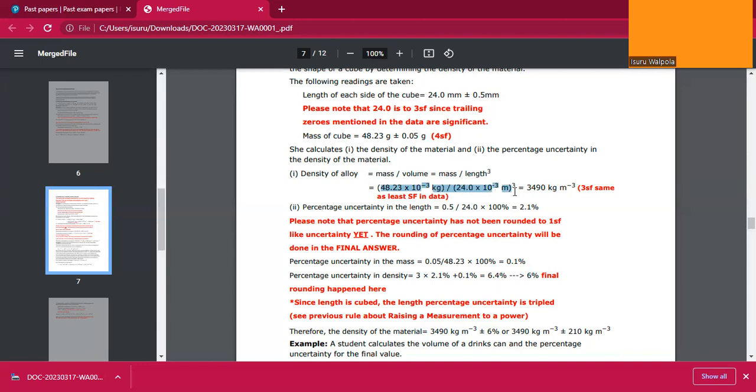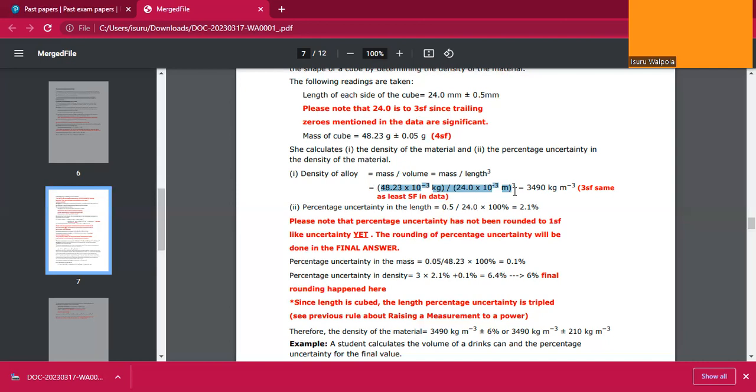In some questions though, if you look at the data and it's like 4 significant figures, 3 significant figures, and if you were to follow this rule, you end up with a one or two significant figure percentage uncertainty, you might make an exception there. But use your judgment. You can see where a doubt would arise in June 2022 again, in the 4th question.